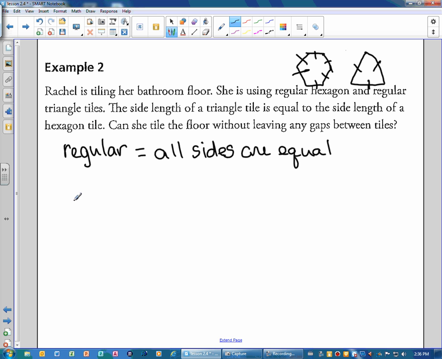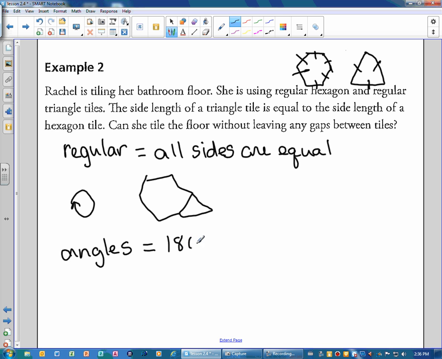All right, hexagons. So in order for it to not leave gaps, it has to cover 360 degrees, doesn't it? So when you put a hexagon next to a triangle, it has to cover the space. There can be no gaps. So what are the angles of a hexagon? So the interior angles of a hexagon can be calculated by taking 180 times n minus 2 over n.